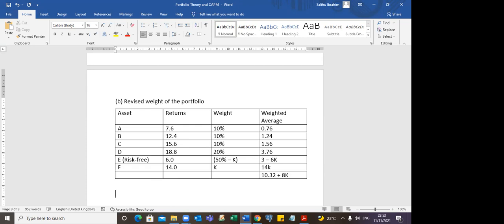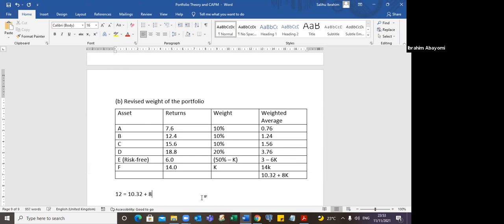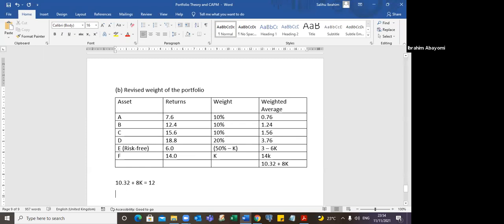Expected return 12, Abby. So if I want to achieve the expected return, I will equate this one to 12 so that I will know how much of the risk-free asset I should sell. So 10.32 plus 8K is equal to 12.